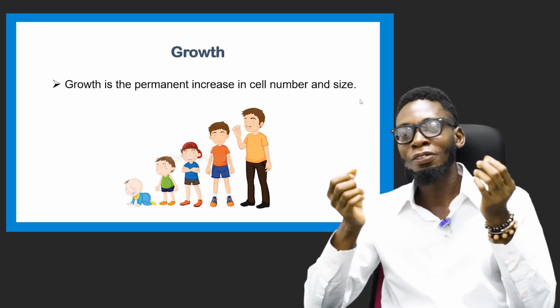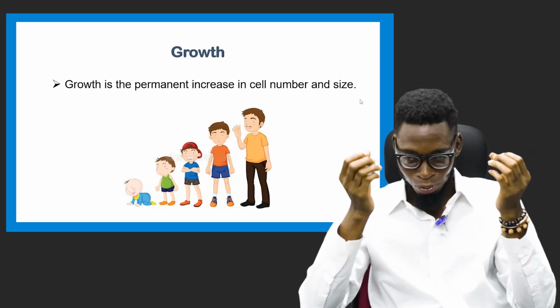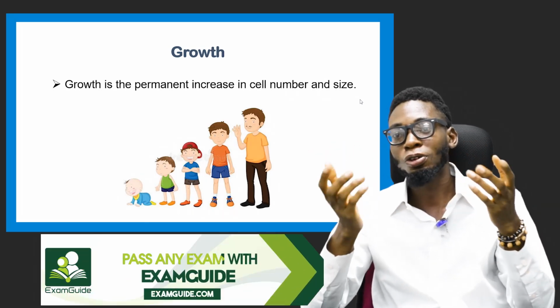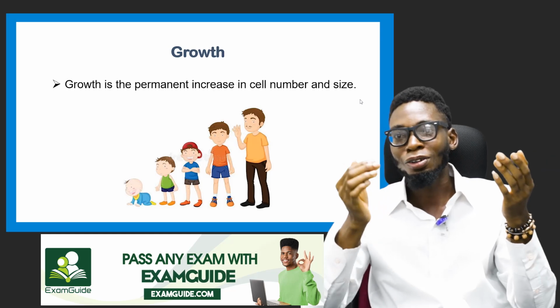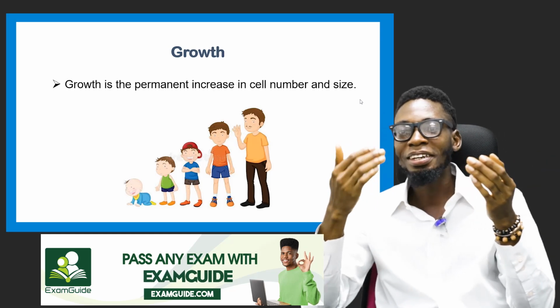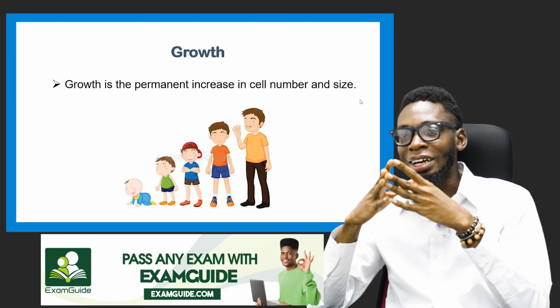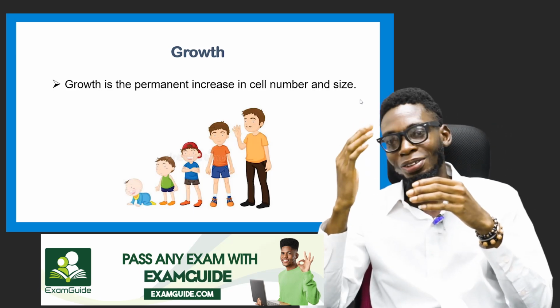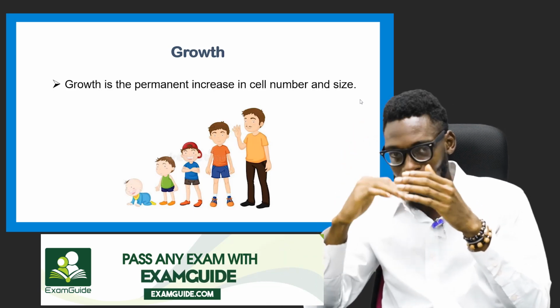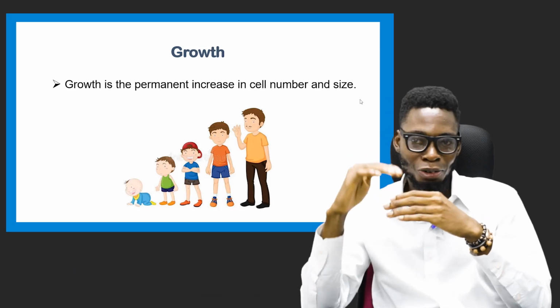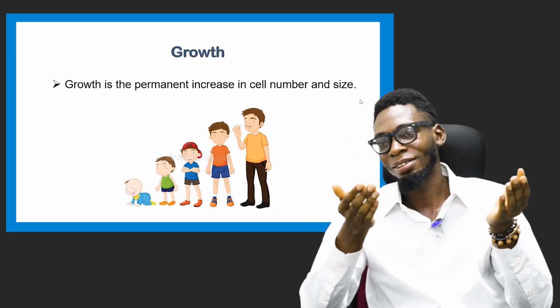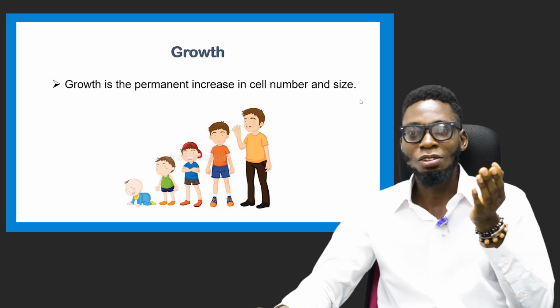And of course, we said good food is what helps us to grow. And I said permanent increase. That means when we increase in height, we cannot actually become shorter. You either remain there or you grow taller. It is permanent, and all living things grow.